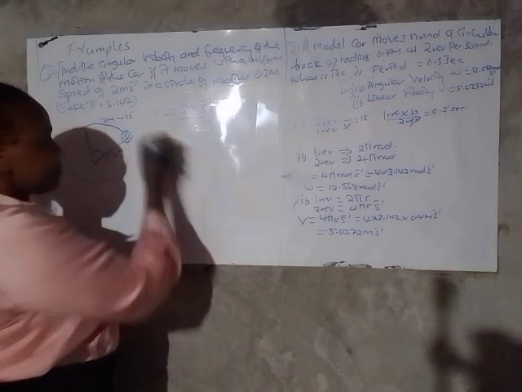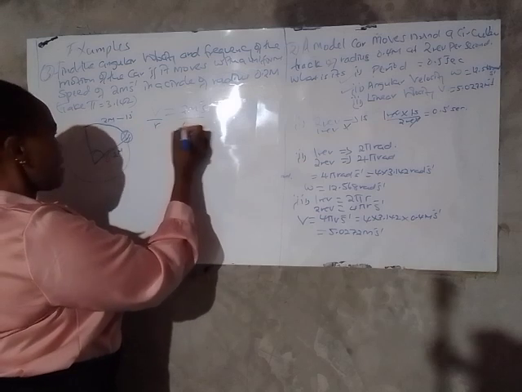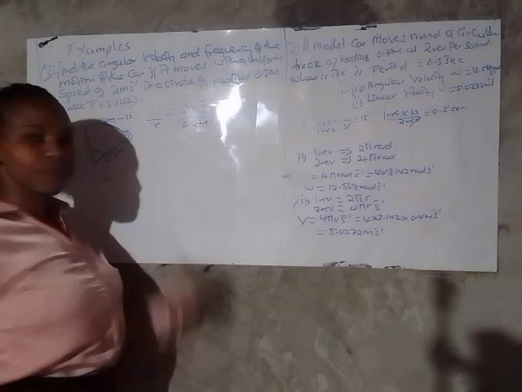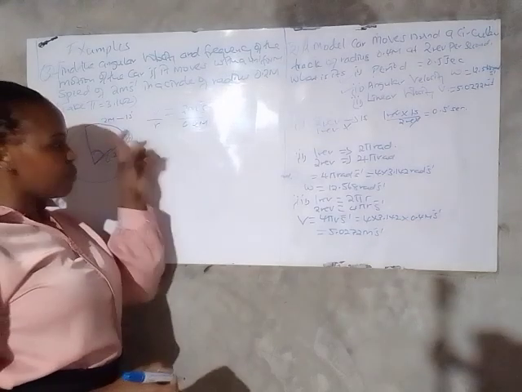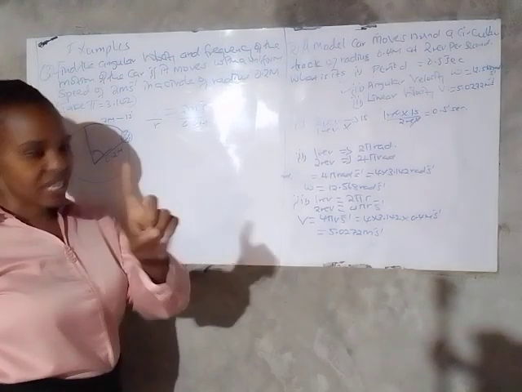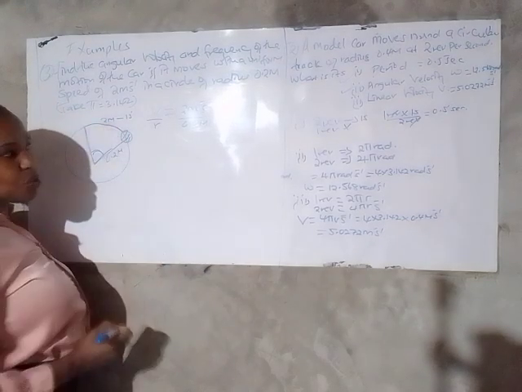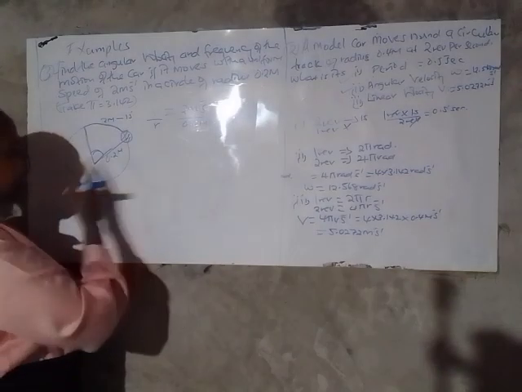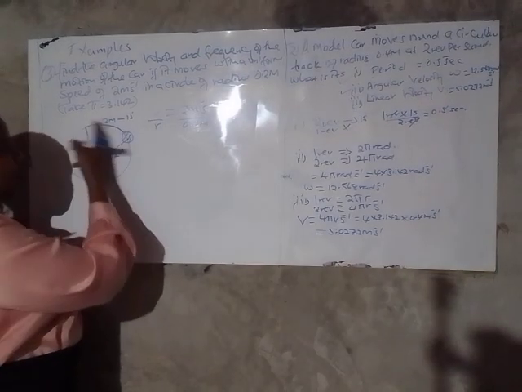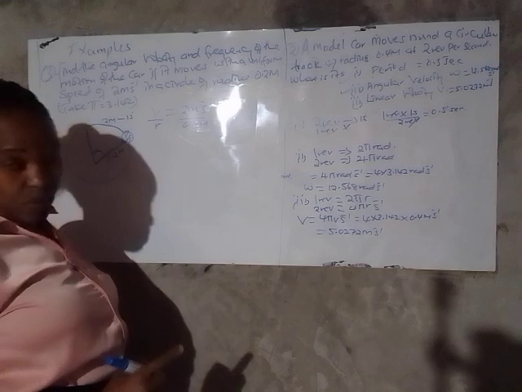To know that, I must divide by r. So v over r, where r is 0.2 meters. Why? Because 0.2 meters subtends 1 radian. Every length of 0.2 meters, that is equal to the radius, subtends a radian. So the 2 meters in 1 second, how many radians are they?